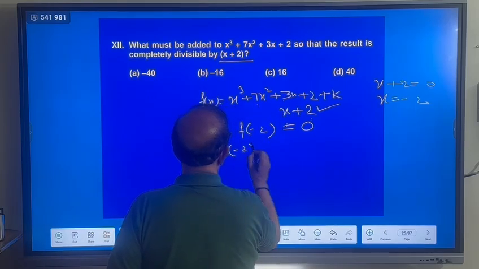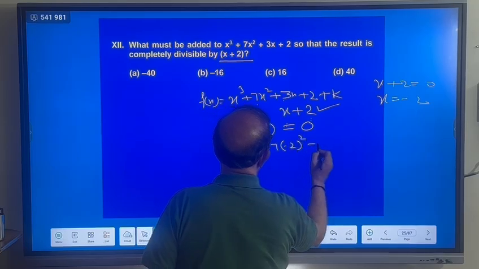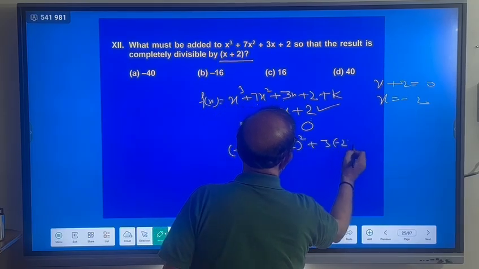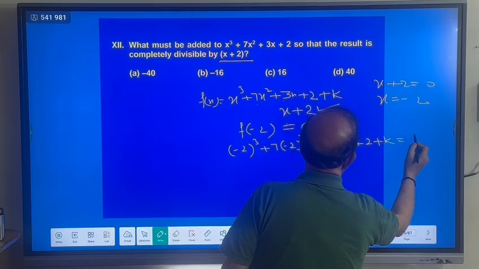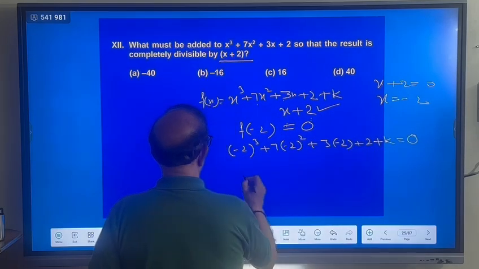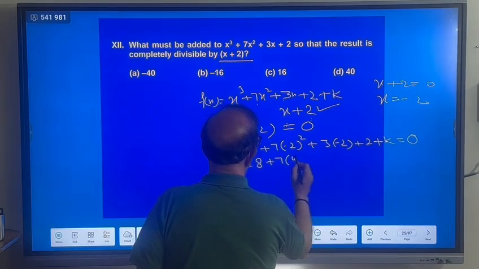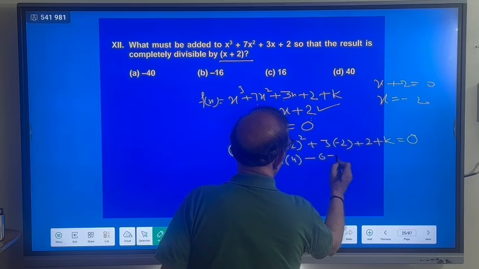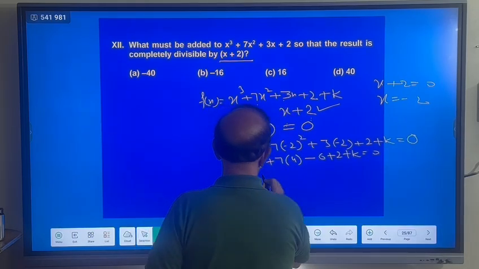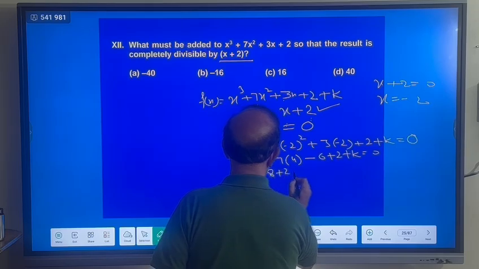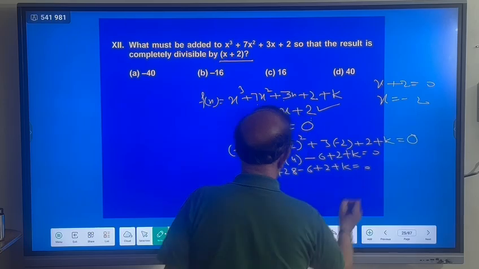Minus 2 whole cube plus 7 into minus 2 square plus 3 into minus 2 plus 2 plus k equal to 0. Now this becomes minus 8 plus 7 into 4 minus 6 plus 2 plus k equal to 0. Minus 8 plus 28 minus 6 plus 2 plus k equal to 0.